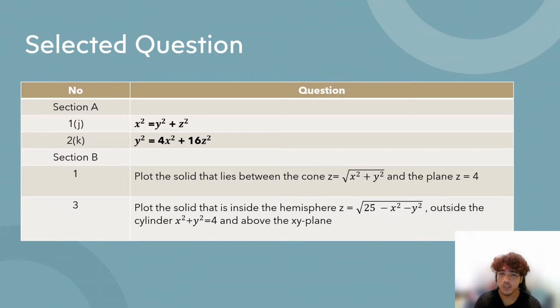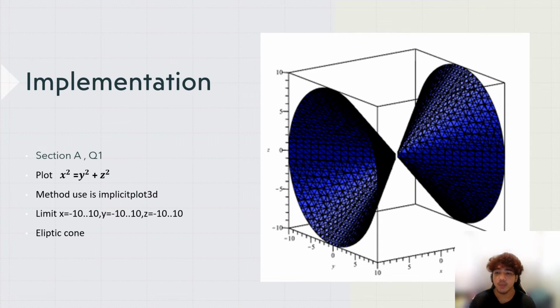Question 1 is plot the solid that lies between the cone z equals square root of x squared plus y squared and the plane z equal to 4. And question 3 is plot the solid that is inside the hemisphere z equals square root of 25 minus x squared minus y squared, outside the cylinder x squared plus y squared equal to 4 and above the xy plane. So now we will go to the implementation.